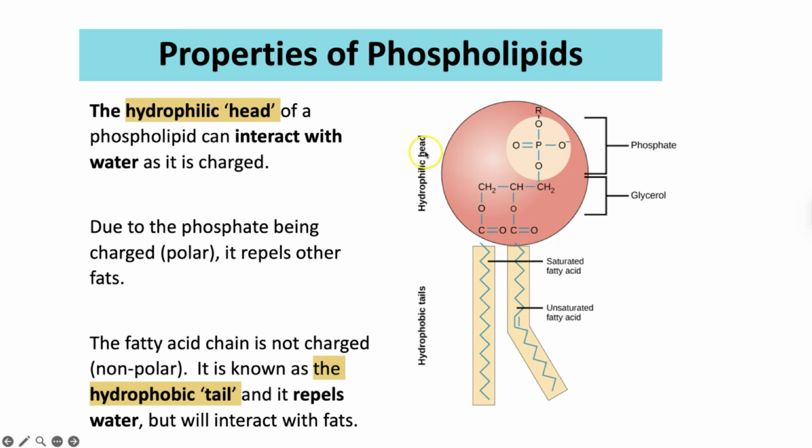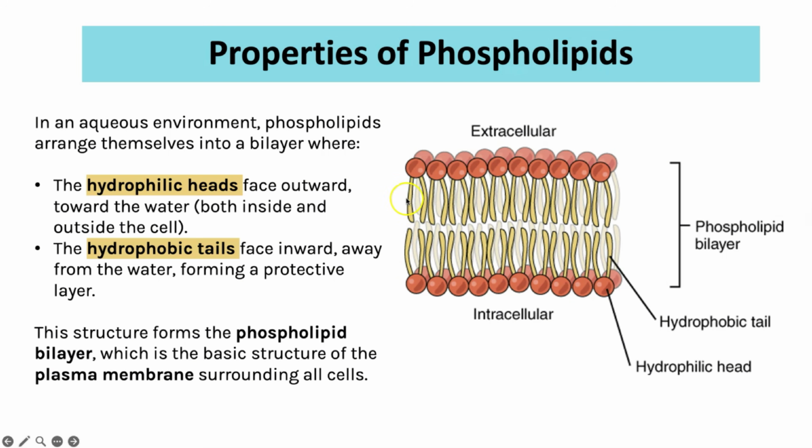It's that hydrophilic head and hydrophobic tail that link to the main function, which is the fact that phospholipids form cell membranes. They create this phospholipid bilayer, 2 layers of phospholipids, and that makes all cell membranes, whether it's the cell surface membrane or the membranes on organelles.